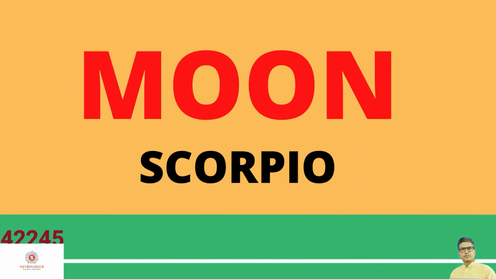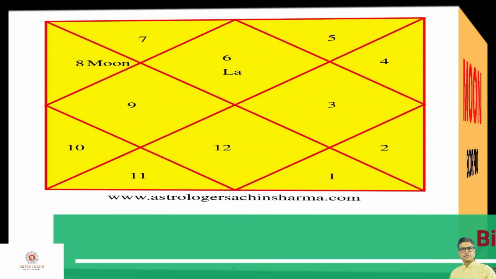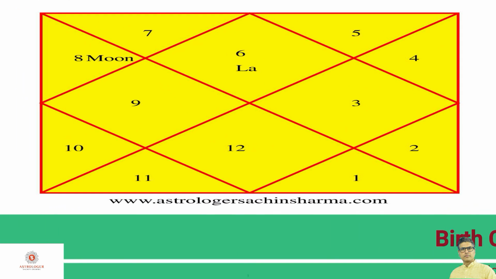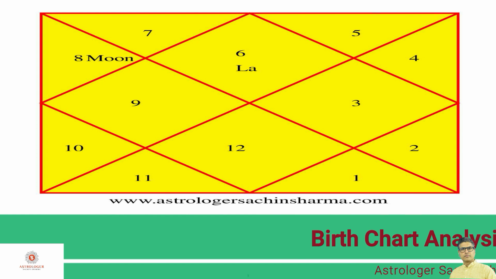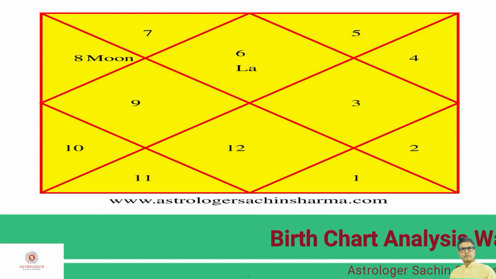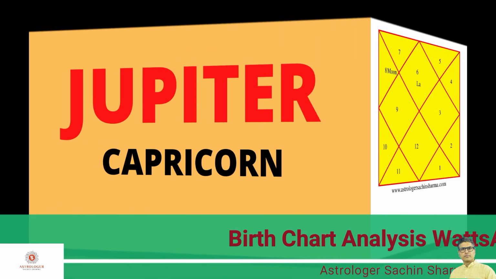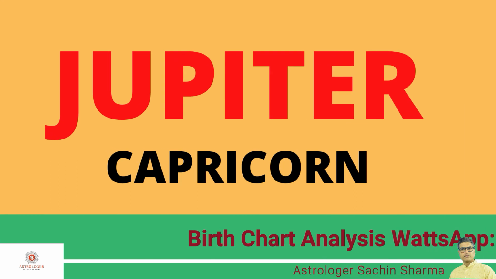For Moon, Scorpio is a debilitated sign. That means if Moon is placed in a house where number 8 is written, that means Moon will be giving its negative result related to that particular house. For Jupiter, Capricorn is a debilitated sign.